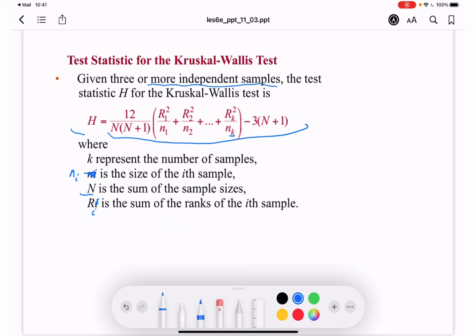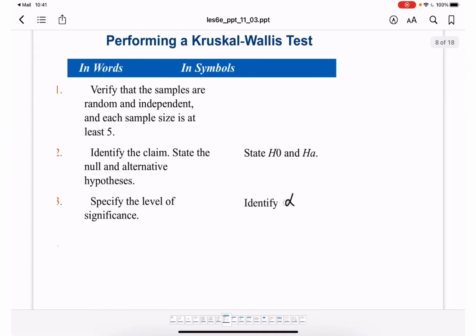So what are we going to do in the case of performing a Kruskal-Wallis test?